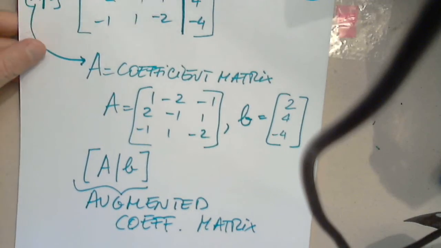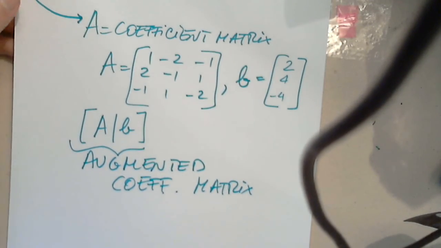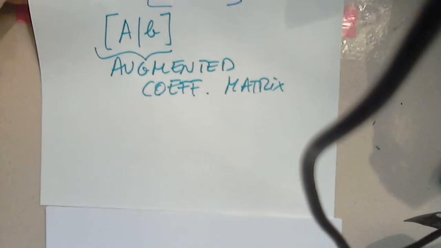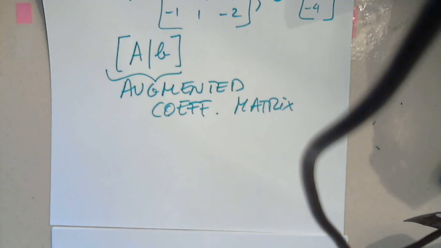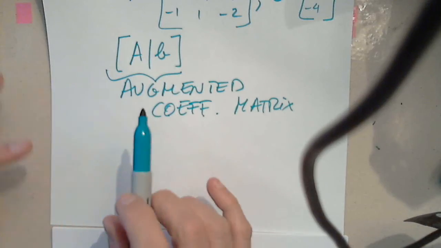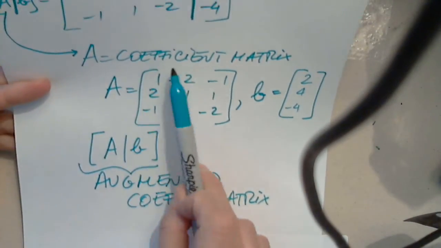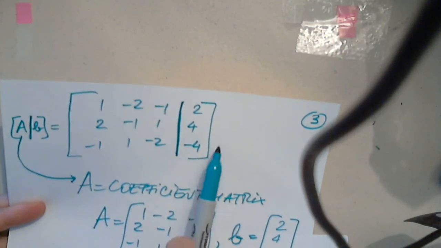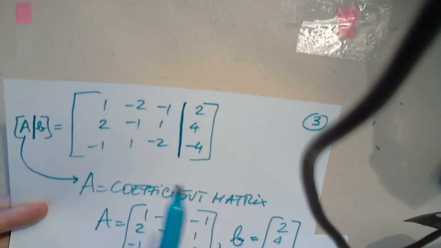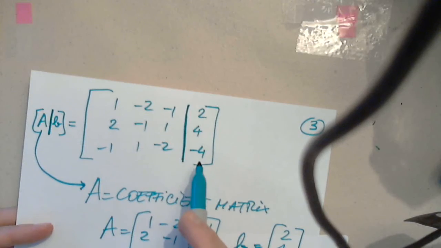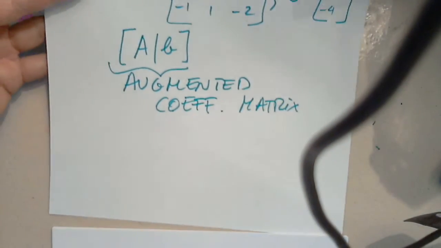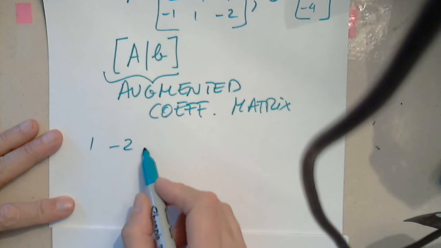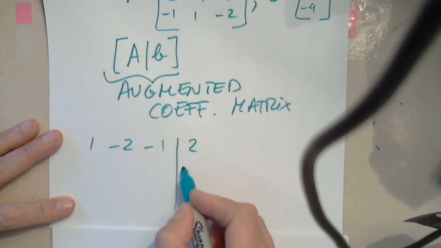Okay, so now you can say, very interesting, but how is this used, and what's the method that we need to discuss? Knowing now that this is the coefficient matrix and this is the augmented matrix, also called the matrix of the system, here is what we want to do. We would like 1, -2. I'm just copying it because I want to have it here.